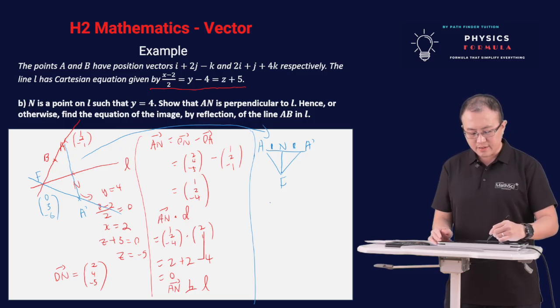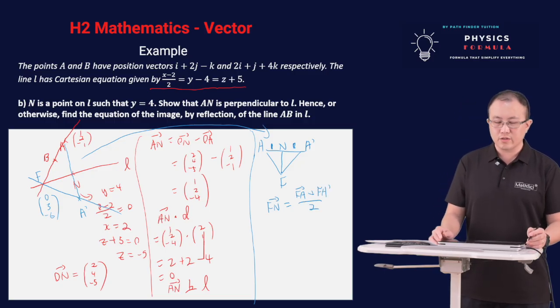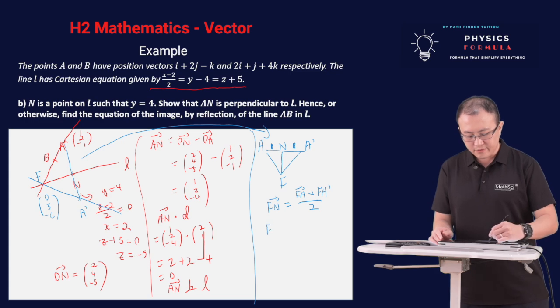So by ratio theorem, we can then say that FN is equal to (FA plus FA prime) over 2. This is by ratio theorem. What we really want to find is FA prime, which is equal to, moving the 2 over, 2 times FN, then you move the FA over, it's a subtraction.